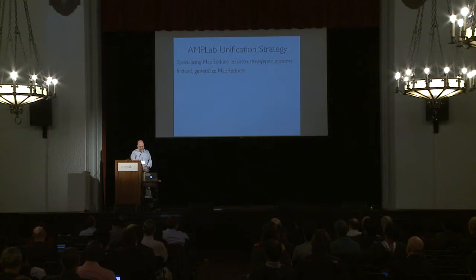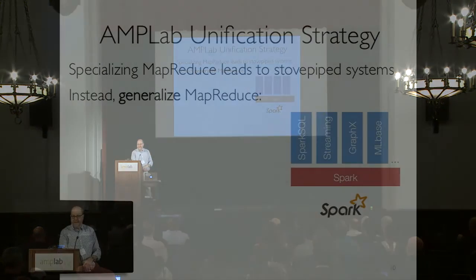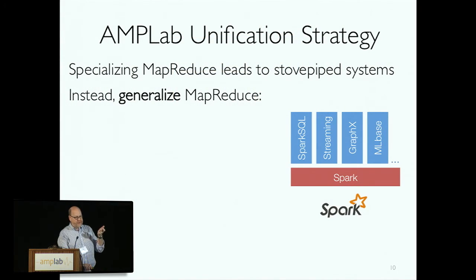And so Jan's going to talk about the software stack we built, but the basic idea was, you saw that graph I showed with all the different software systems being created in the open source community. What was happening is people were taking the Hadoop idea and saying, hey, I want to do graph processing, so I'll build a system for that. Or I want to do streaming, so I'll build a system for that. Basically, people were building these stovepipe solutions to these different analytics problems. And in AMPLab, we said, okay, let's take a different approach.